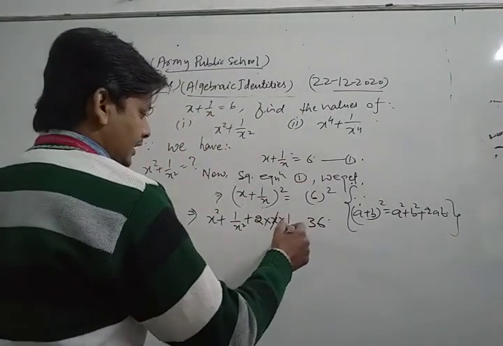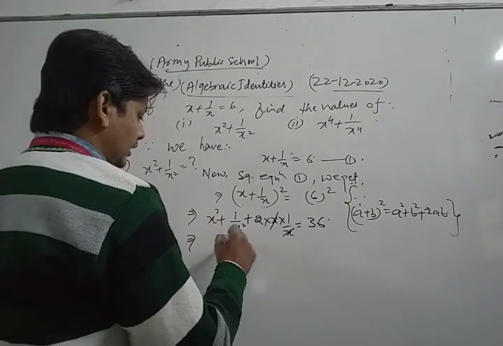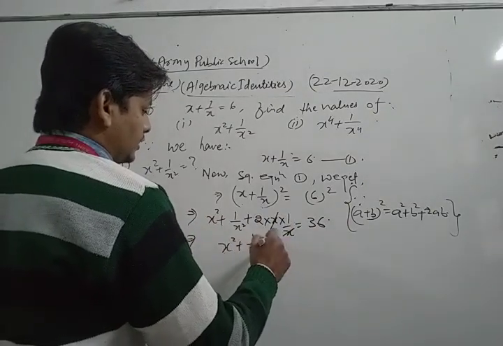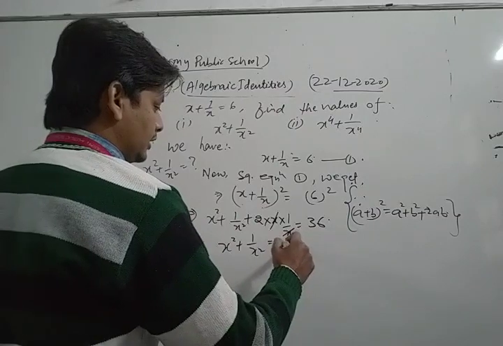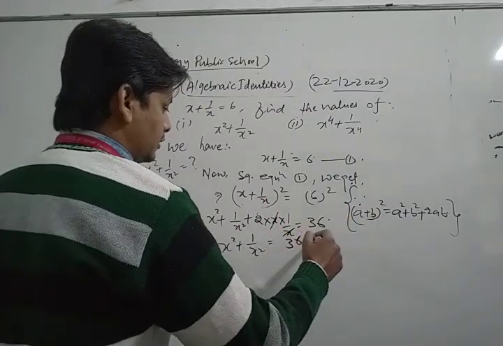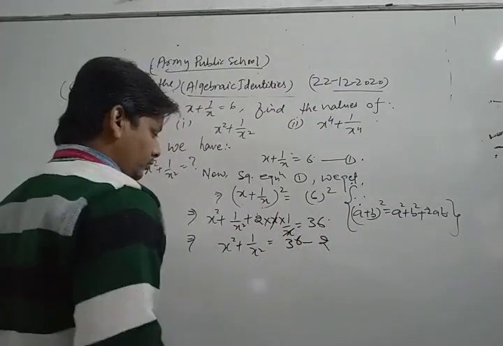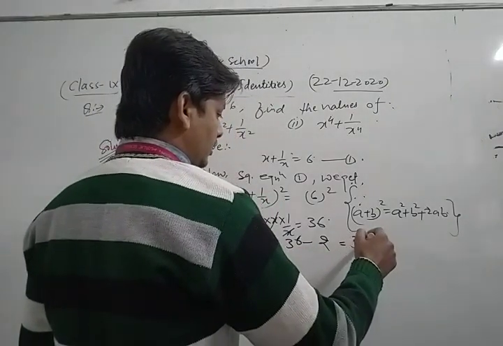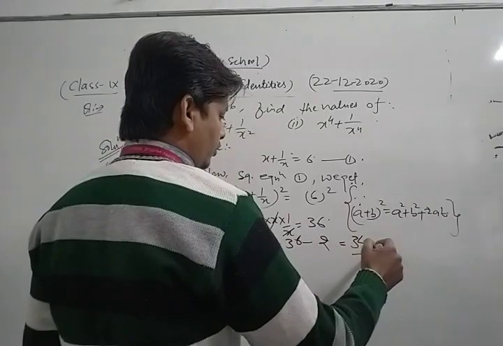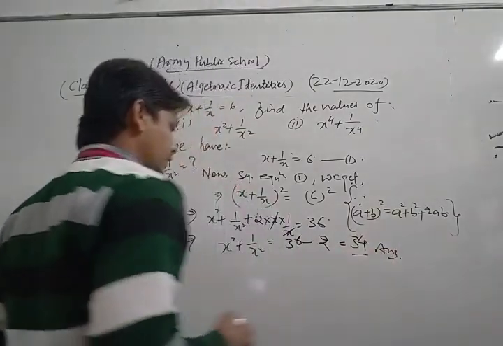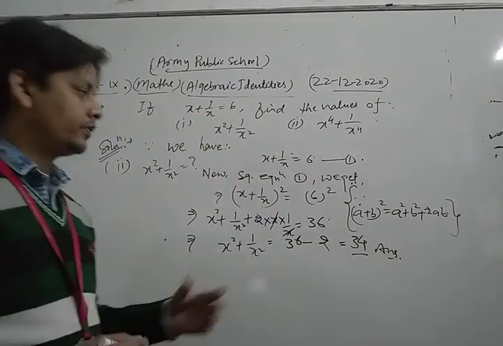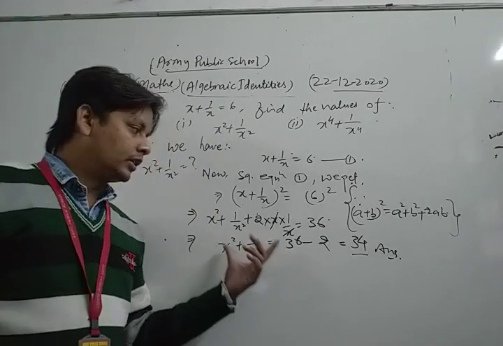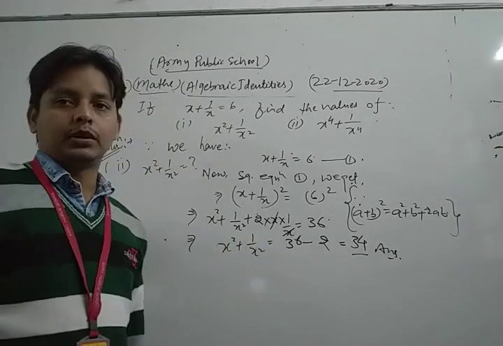Now here x cancels, so we get x square plus 1 upon x square is equal to 36, and transferring 2 to that side, that is 36 minus 2, which is 34. This is our required solution. Hence in this way, dear students, we find the value of x square plus 1 upon x square.